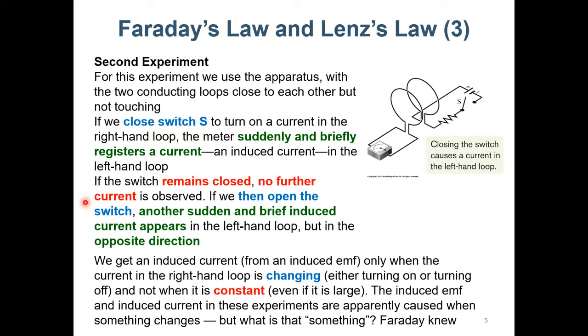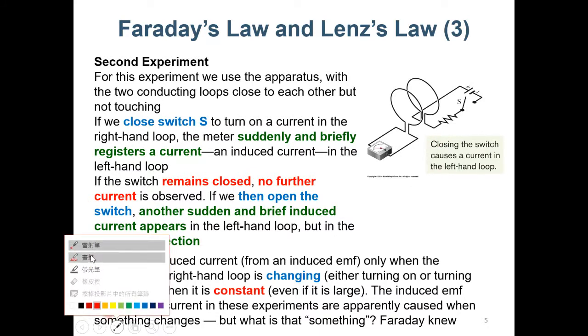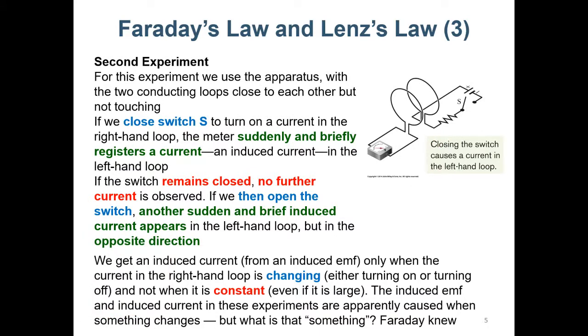So if this is V, and this is R, and this is L, the current will be something like V over R times 1 minus exponential of minus t L over R, something like this.